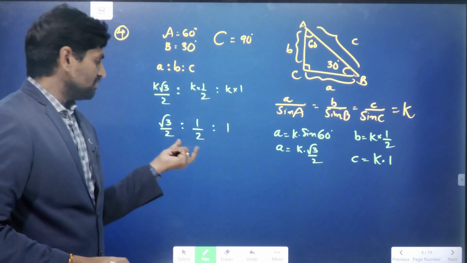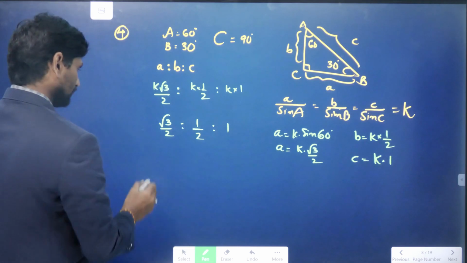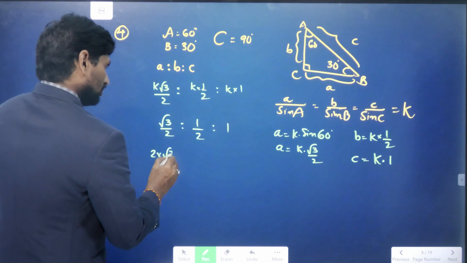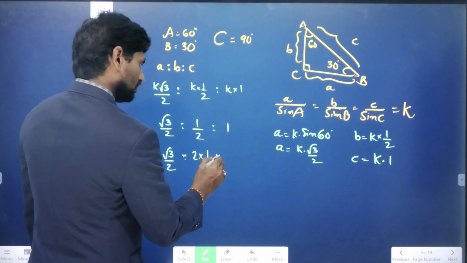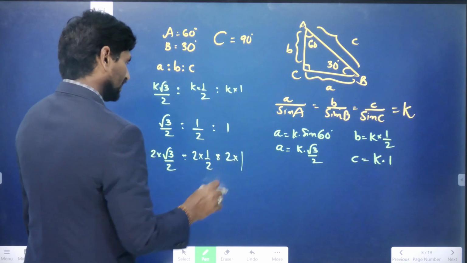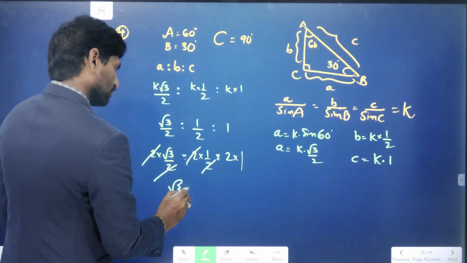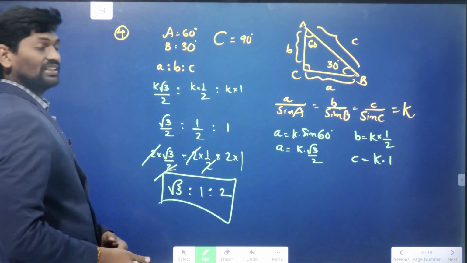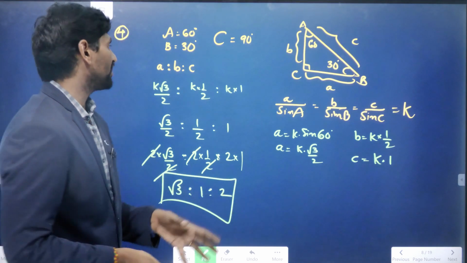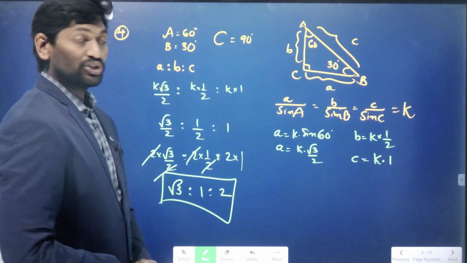The first two terms have 2 in the denominator, so I multiply all three terms by 2. 2 into root 3 by 2, 2 into 1 by 2, and 2 into 1. The 2s cancel, so the ratio is root 3 is to 1 is to 2. This is the ratio between the sides of triangle ABC where angle A is 60 degrees and angle B is 30 degrees.